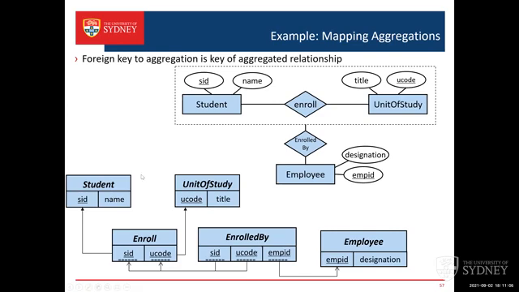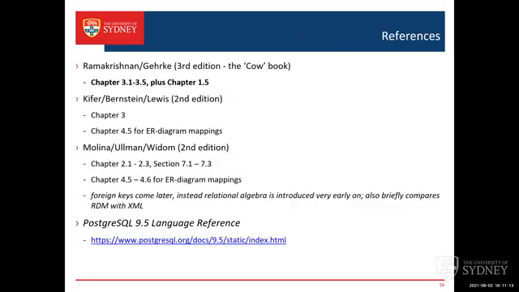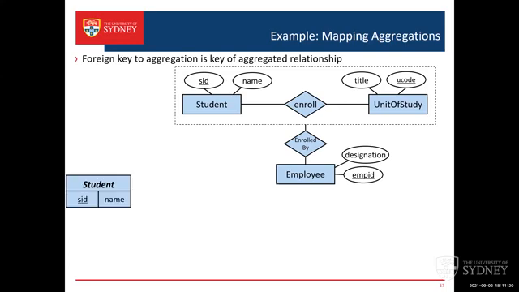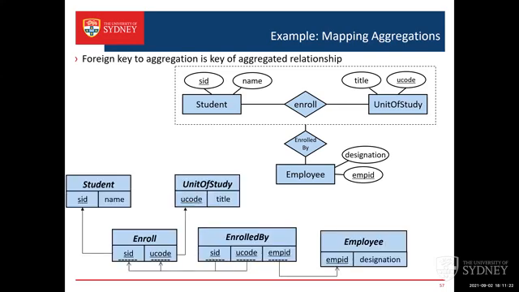Hopefully that makes sense. Now we have the idea of how to create all of these, right? So this one should make sense as well, and I think that was all that was left. Any question on this part? We learned about ISA, aggregation, and weak entity set.